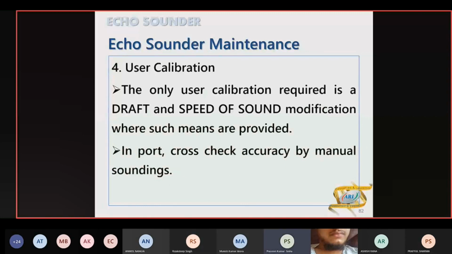Calibration is a process to determine that the device is giving the right kind of readings as expected. Otherwise, you don't have any means of comparison with the EcoSounder, because transmission is taking place downwards and everything is happening there itself. You are finally getting the result on the recording paper or the screen.